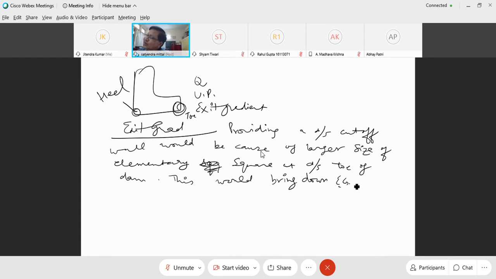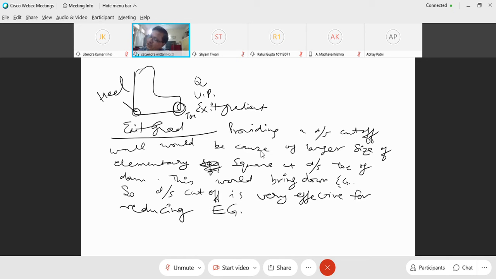So a downstream cutoff is very effective for reducing exit gradient.